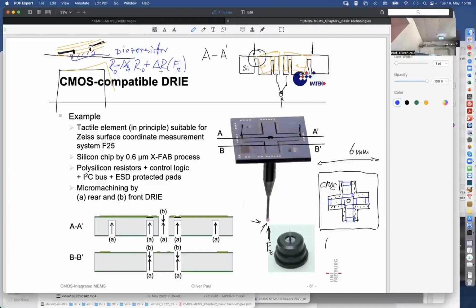So this little tactile tool was actually implemented in a system by Zeiss in Oberkochen as a sensor in a big machine to measure the surface profiles of micro components. The advantage of the sensor was that unlike the DekTak or alpha steppers in the clean room, where you essentially measure vertical steps, with this instrument you can also contact from the side.